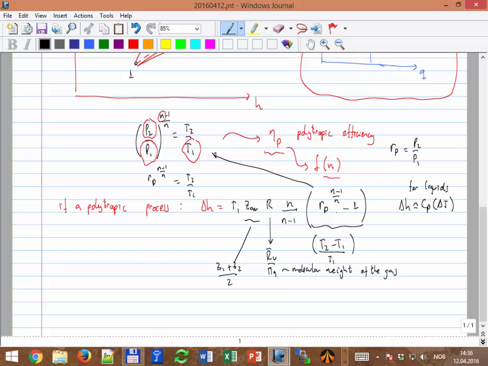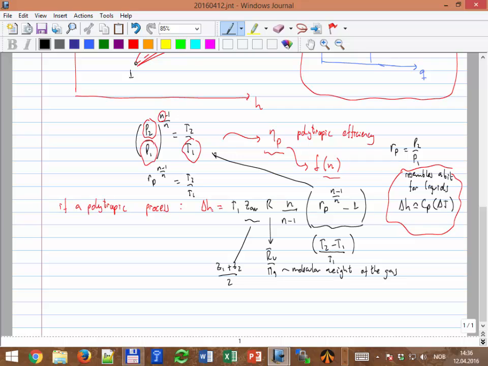You have all of these parameters, but it still follows the same trend, that the enthalpy difference is related to the difference in temperature. So this resembles a bit the approximation that we can make for liquids.